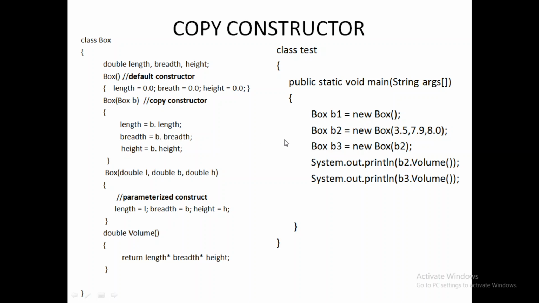So what happened after this line is that a new object b3 is created with the same set of values as b2. So we don't have to write the three values once again, we just have to write the object whose values we want to use during the creation of a new object. Here it is b3.